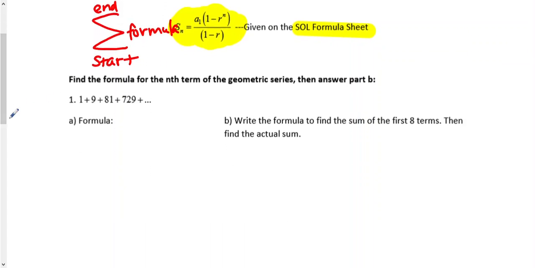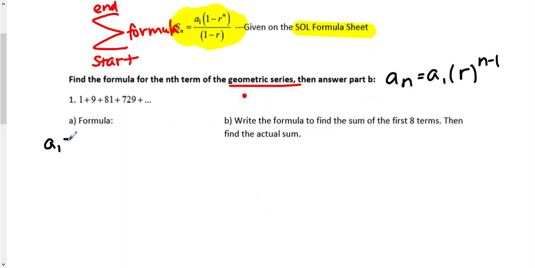So for this example, it's very similar to the arithmetic ones that we did. First part is find the formula for the nth term of the geometric series, so I know I am multiplying. First I need to find my nth formula, which is a sub n equals a sub 1 times r to the n minus 1.